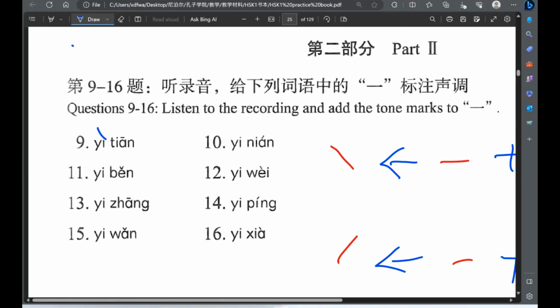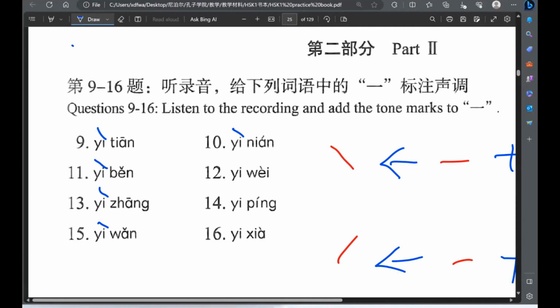Number 10 is the second tone, 年, so it's 一年. 11, the third tone, 本, so 一本. 13, 张, first tone, 一张. 15, 碗, third tone, 一碗.